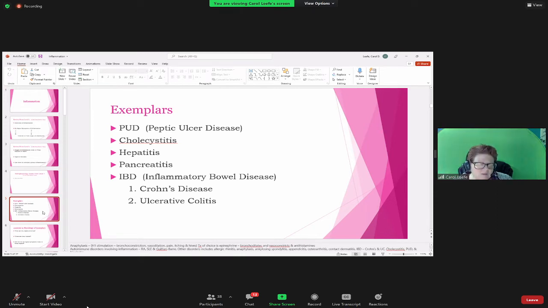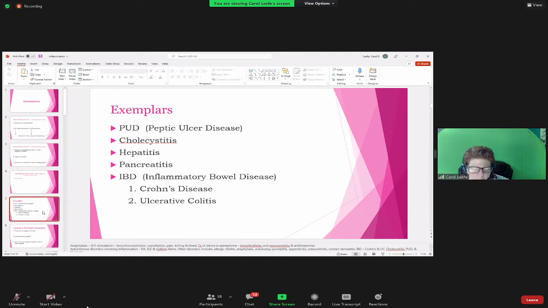And it can also involve the epigastric region as well, where what intersects? The esophagus and the stomach, right? Remember you had GERD, and so that's that lower esophageal sphincter.